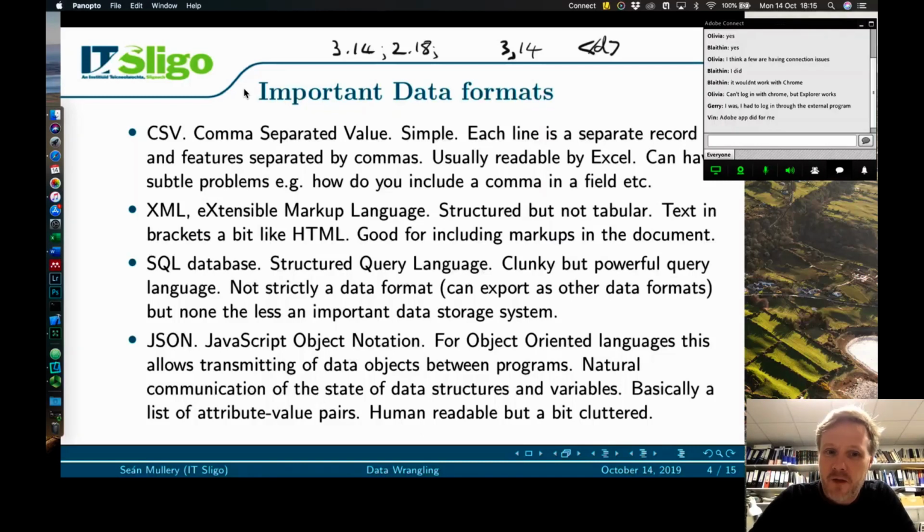Basically, a list of attribute value pairs is what you get with this. So you've got an attribute saying what it is and then the value for that attribute. It is human readable in that if you open it up in a raw format, it is somewhat readable, but it's a little bit cluttered.